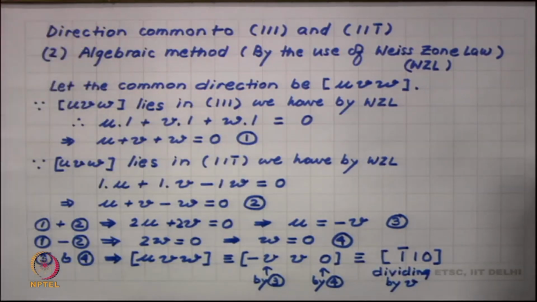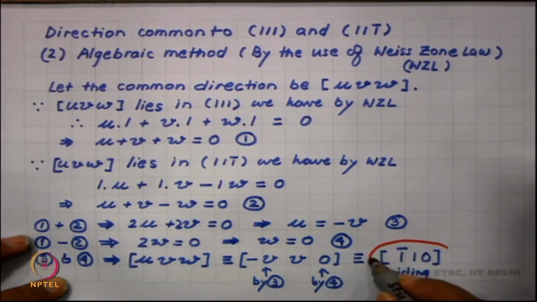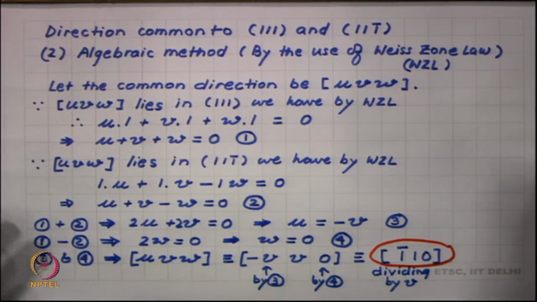So, you can see that you have got now the same Miller indices bar 1 1 0 as you had got by the method of drawing, by the geometrical method.